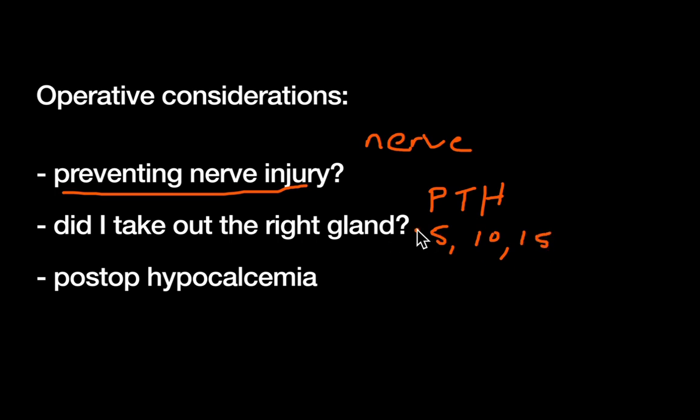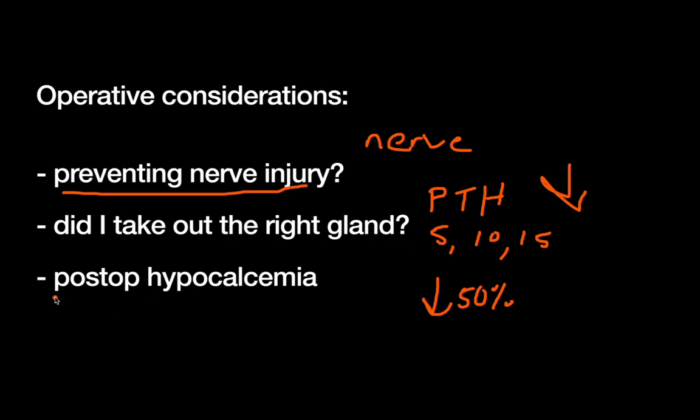And if you've taken out the right gland, you can see a profound drop in the PTH in just those 5, 10, and 15 minutes. And I think different institutions have different cutoffs. At ours, we like it to drop 50% at least from its baseline, and we want that 50% drop to leave us with a parathyroid hormone level in the normal range. And if it does that, usually at around the 10-minute mark, then you know you got the right gland and you can finish the operation.